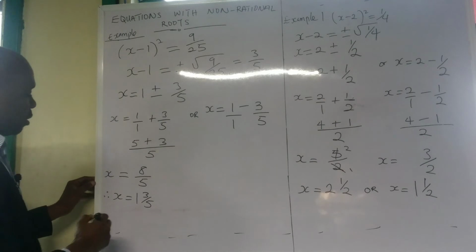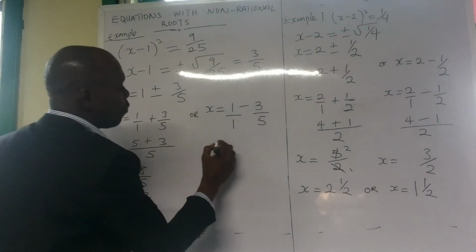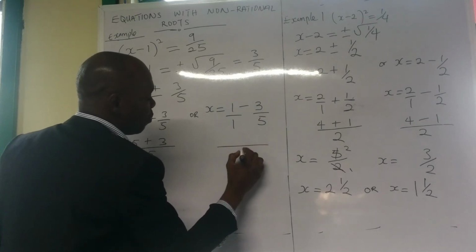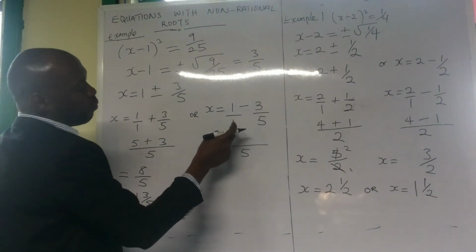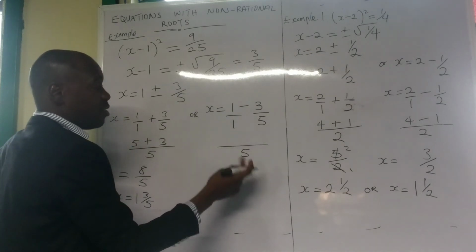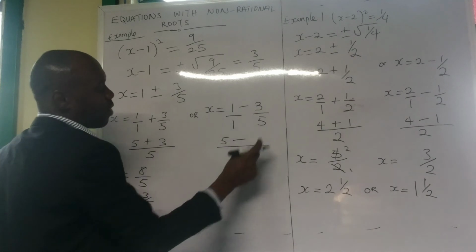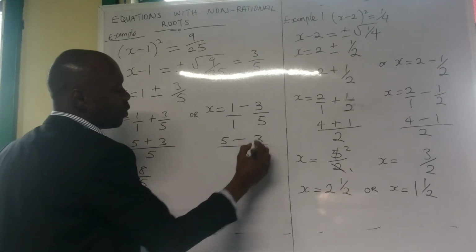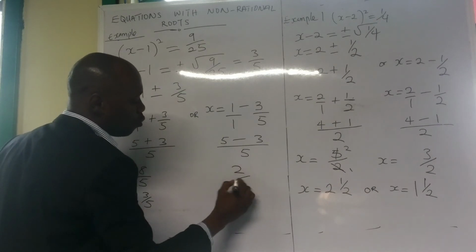Then let's do the second one. From here too, we look for the higher one. We pick 5 to divide. So 1 times 5 is 5, minus 5 into 5, 1 times 3 is 3. If you remove 3 from 5, it will give you 2. So 2 over 5.